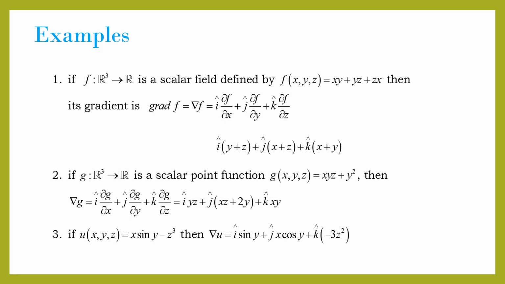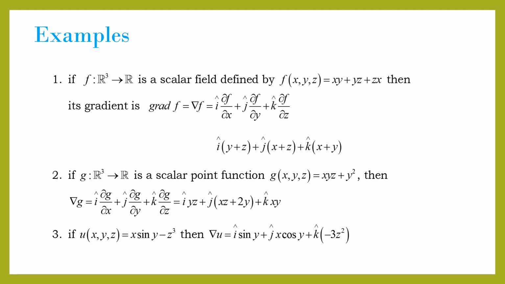As a third example, let us take a scalar point function defined on R3 as u of x comma y comma z equals x sin y minus z cube. For this function, dou u by dou x equals sin y, dou u by dou y equals x cos y, dou u by dou z equals minus 3z square.